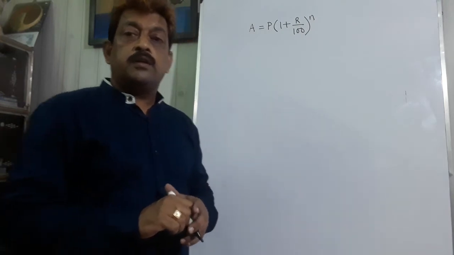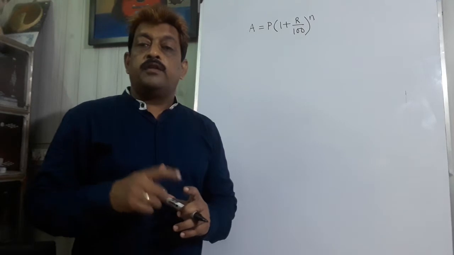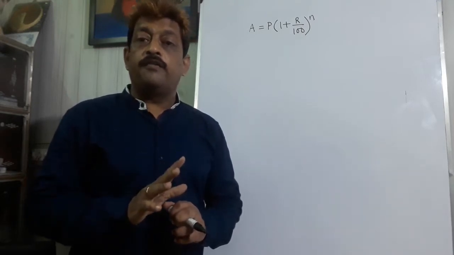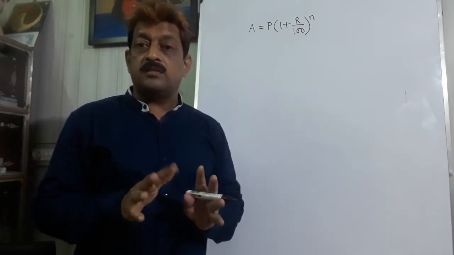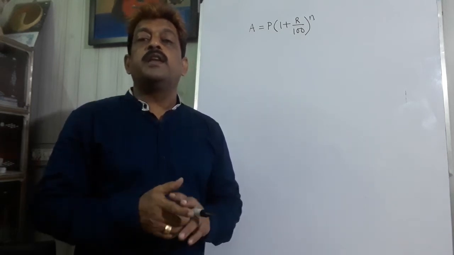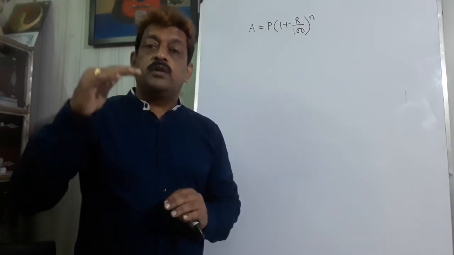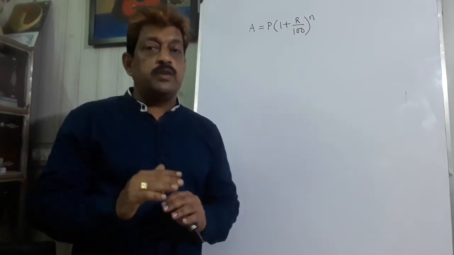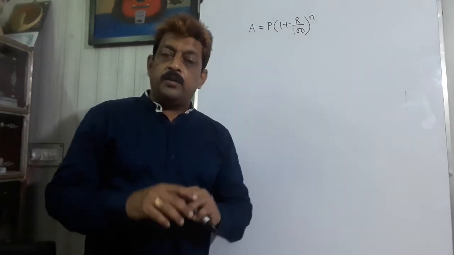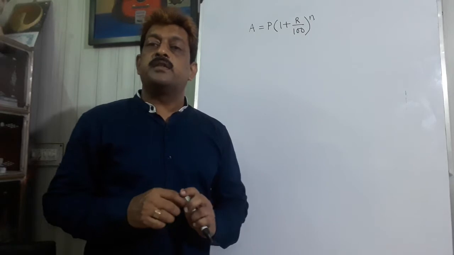And this formula is also used to find the depreciated values of machines, cars and other vehicles. Depreciated value means the decreased value. In case of machines, cars and vehicles, the value decreases every year with a particular rate. So we can find that value, the depreciated value, also by using the same formula.